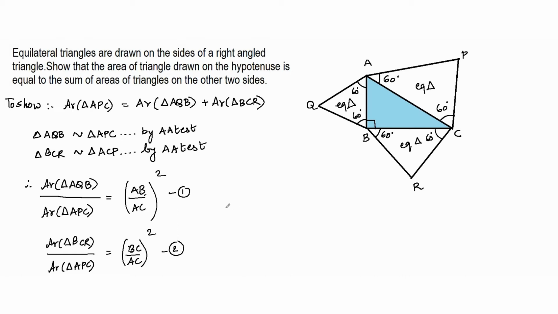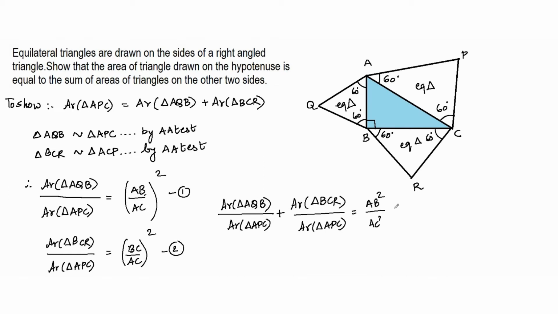So area of triangle AQB divided by area of triangle APC plus area of triangle BCR divided by area of triangle APC is equal to AB square by AC square plus BC square upon AC square, and that is equal to AB square plus BC square divided by AC square.